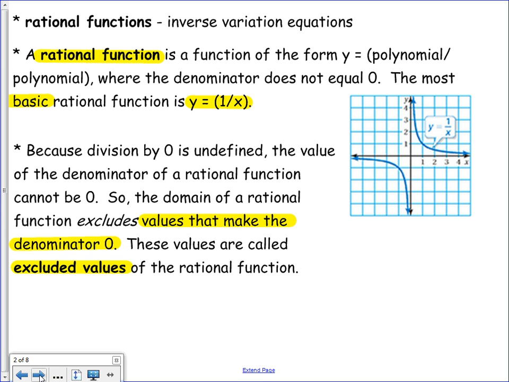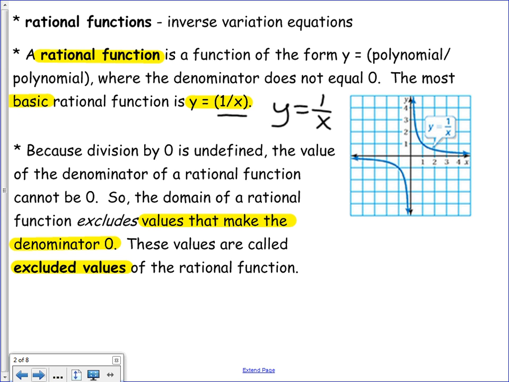Just for ease of making my notes on the smartboard, I wrote all the division in this form, but it will look like a fraction more often in your book and in the problems you do. Wherever I have the parentheses and the little division symbol, it really would be written in vertical form, not horizontal form.